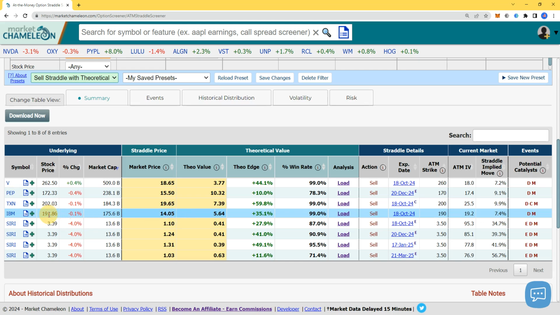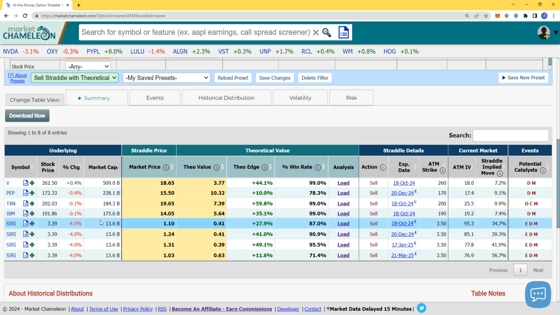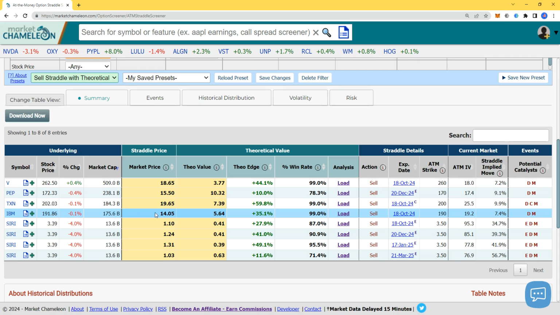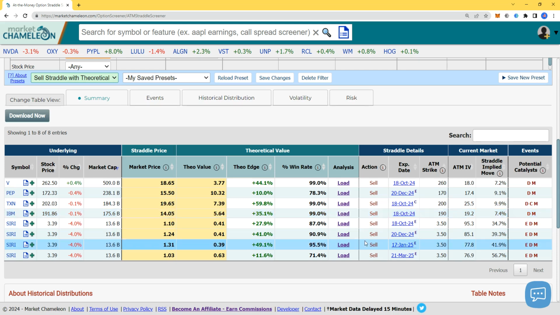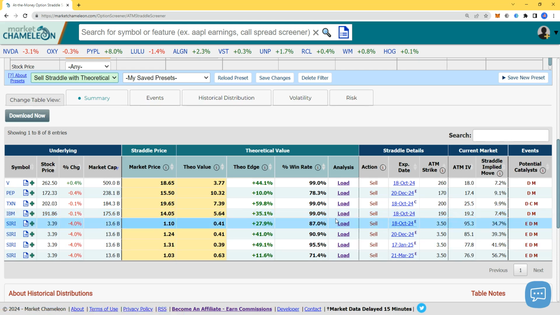If this goes to 180, for example, then it's not really 1,400 because you're paying for the put that you just sold. Your call side will go worthless, but the put will be more expensive. So you can click here and see the trade itself.